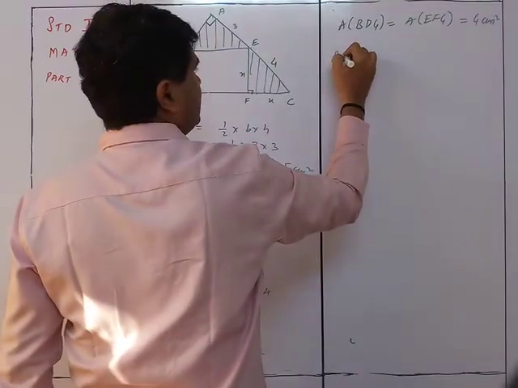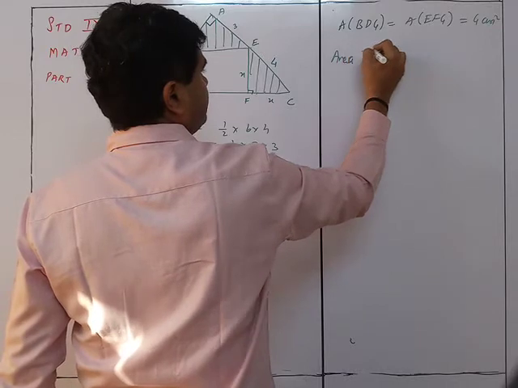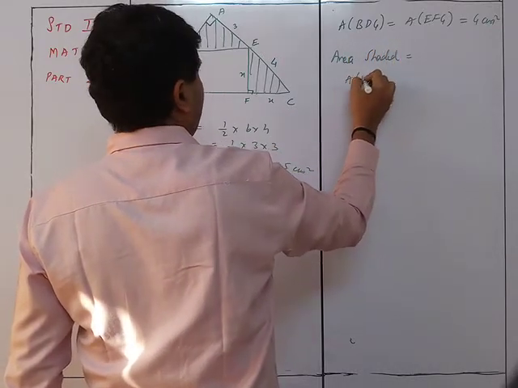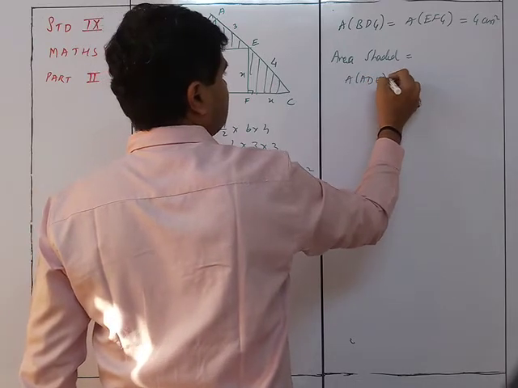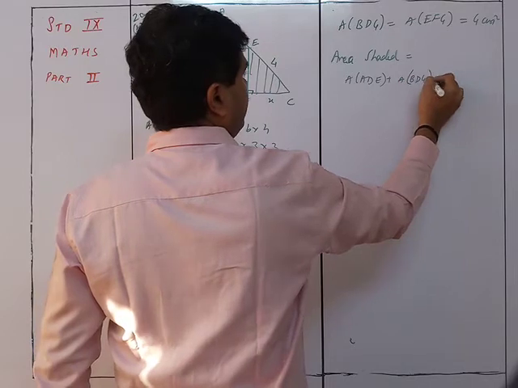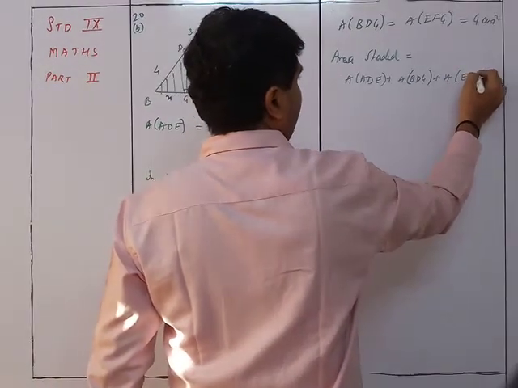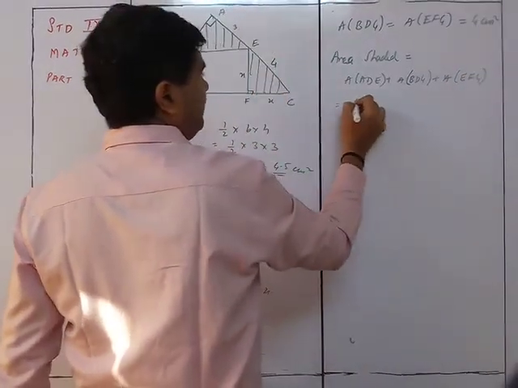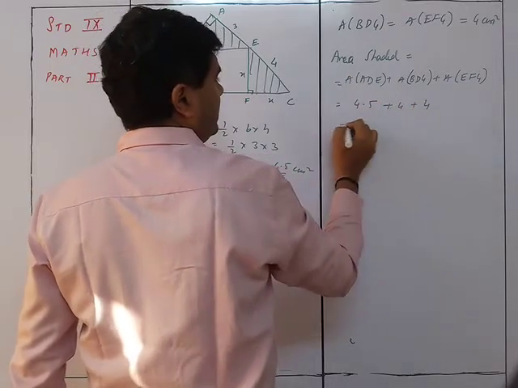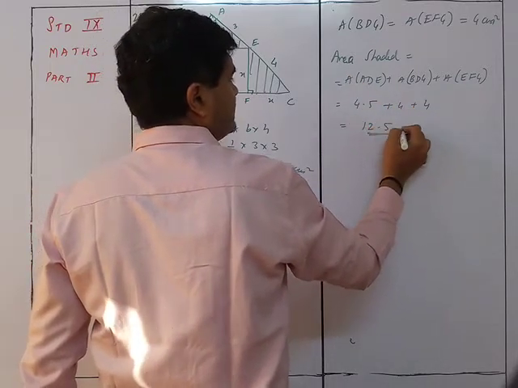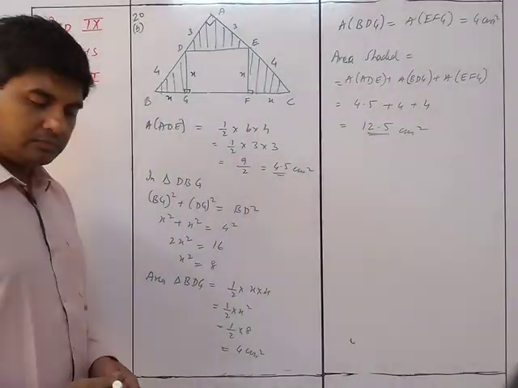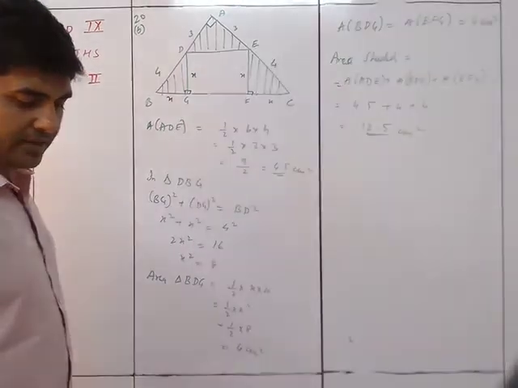Therefore, area shaded is equal to area ADE plus area BDG plus area EFG. That will be 4.5 plus 4 plus 4, which is 12.5 centimeter square. Okay, that is the thing over here.